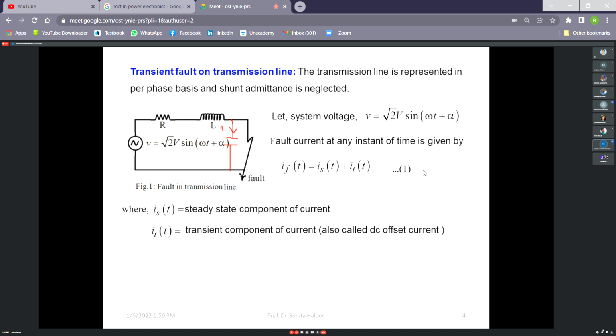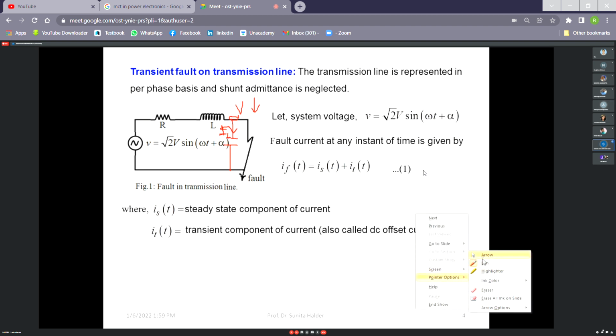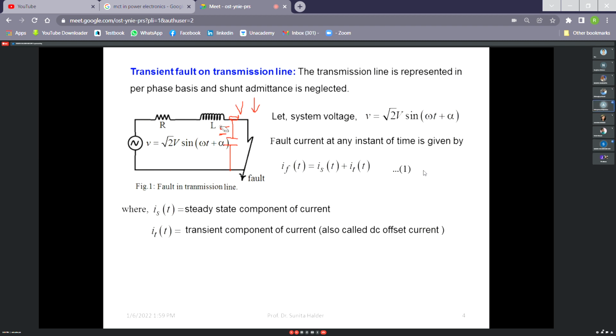This is the charging current, j omega CV. Now, when there is a short circuit, V is going down. Ideally, it is near 0. So this current I is now 0. Zero current means as if it is open circuited, and 0 voltage means short circuited, right? So that's why the shunt parameter part is not considered. Yes, ma'am.